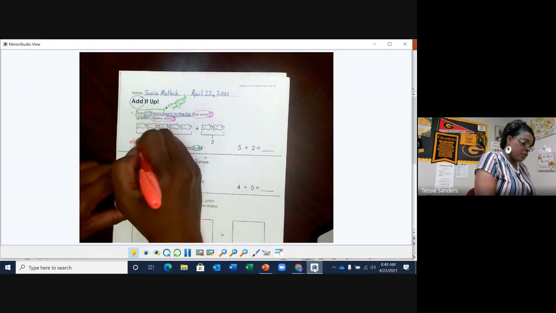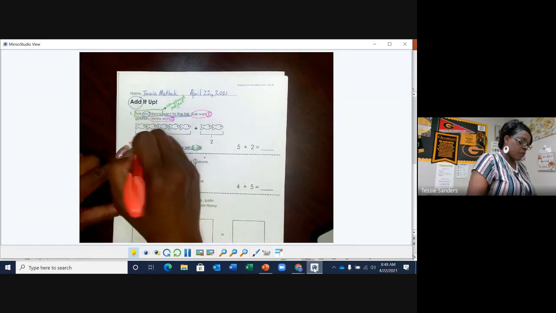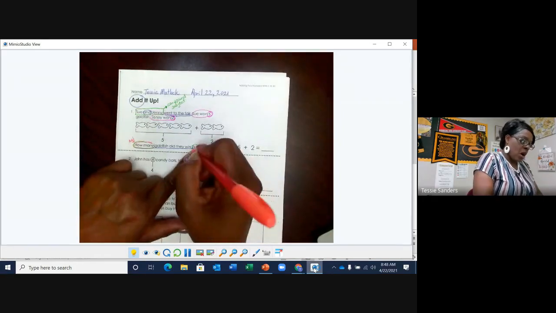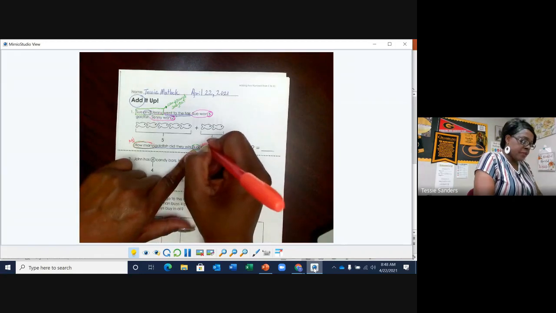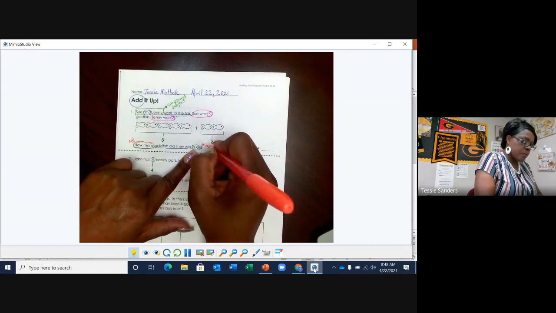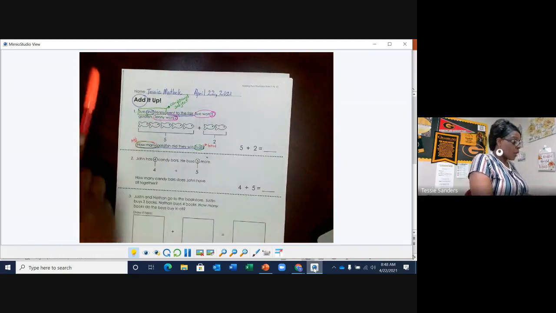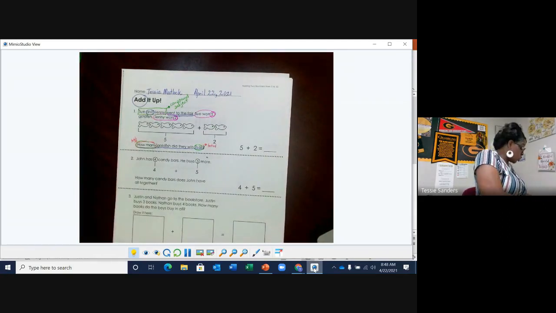Coupled with, recircle this, my pens are fading. In all. In all means total. Again, for my older learners, you take good notes. Please take the notes.